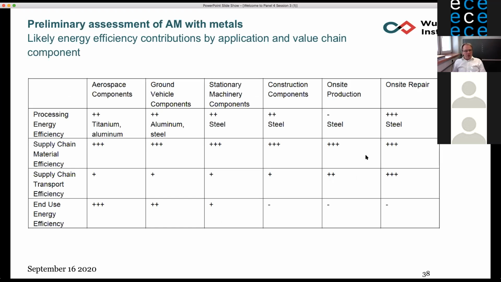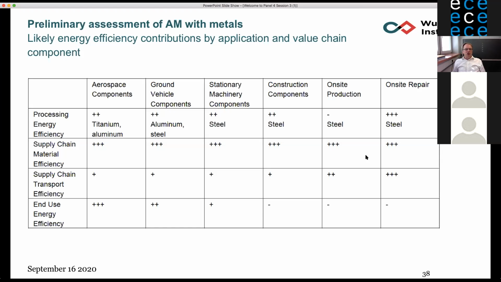And of course, aerospace components are the driving technology part at this point in time, because that allows achieving very high paybacks during the use phase. And therefore, there's a lot of research and development in that area. And the main metals used there are titanium and aluminum.